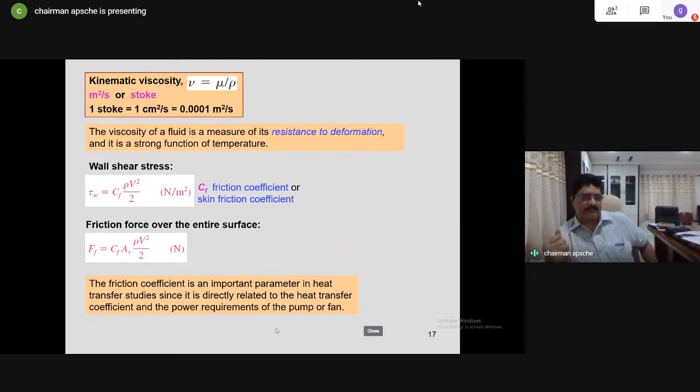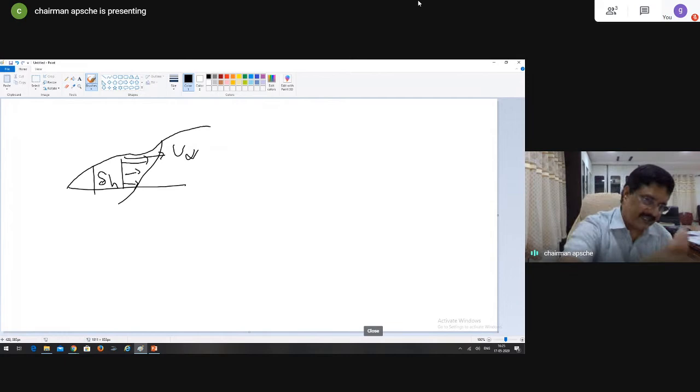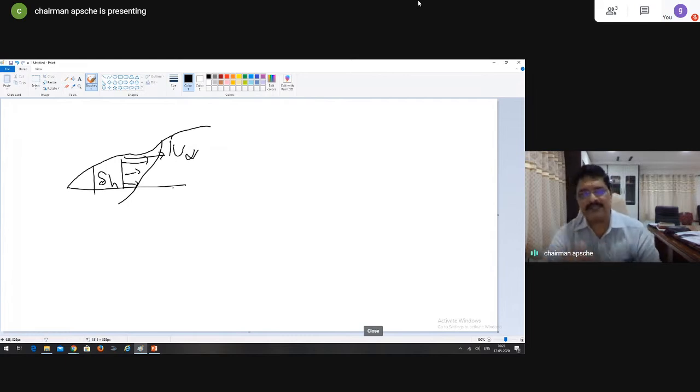The frictional force that is acting on the wall is the skin friction or friction coefficient multiplied by area, called a drag force, an opposing force for the forward motion. So the dynamic viscosity, of course, is a property. Within this region, velocity varies from the free stream velocity. So the region where velocity variations are felt because of the viscous effects, I call it the hydrodynamic boundary layer.